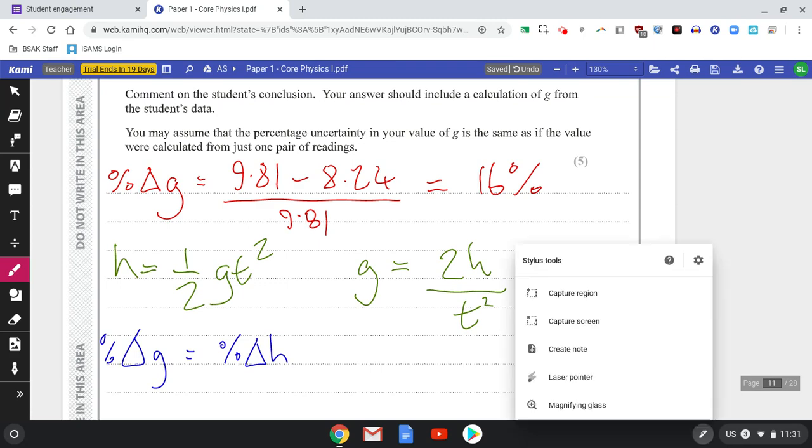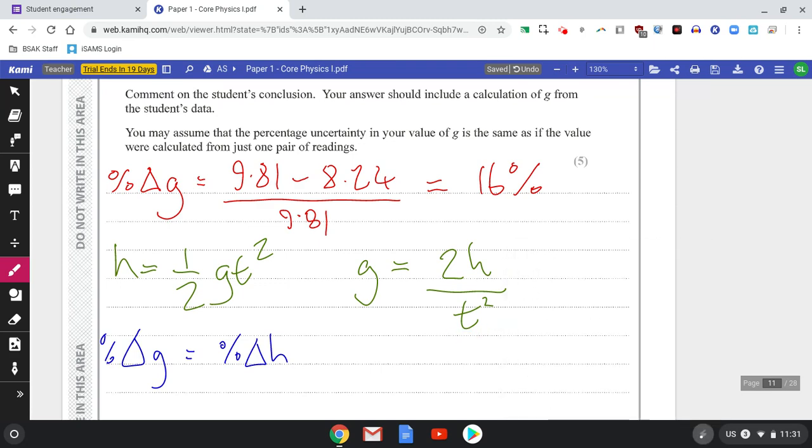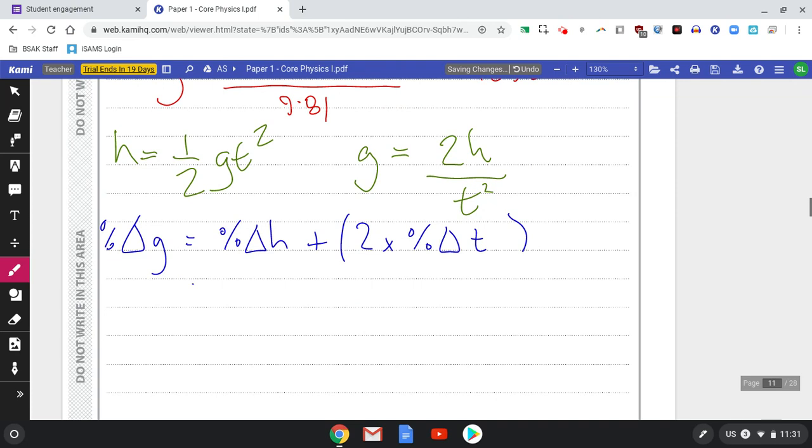However, because it's t squared, we've got two lots of percentage uncertainty in t. So we add together two lots of percentage uncertainty in time. So that gives us 1% plus two lots of 3%. So our percentage uncertainty from just a single pair of points is 7%.